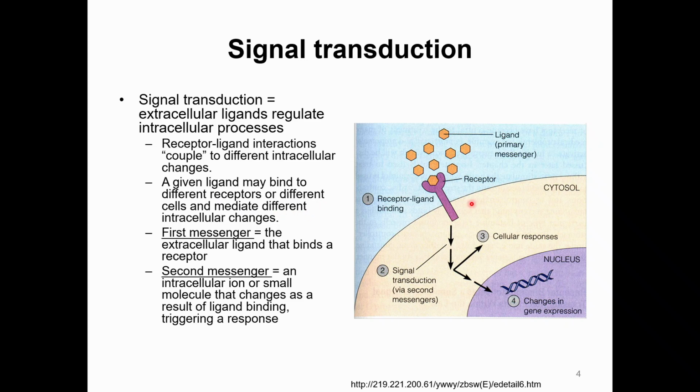So the first messenger is the ligand binding the target. A second messenger is some intracellular compound that is generated in response to that receptor ligand targeting. And it could be a small molecule, could be intracellular ions, a lot of different things. Okay. And so that's why second messengers are called second messengers, because the first messenger is actually the ligand.